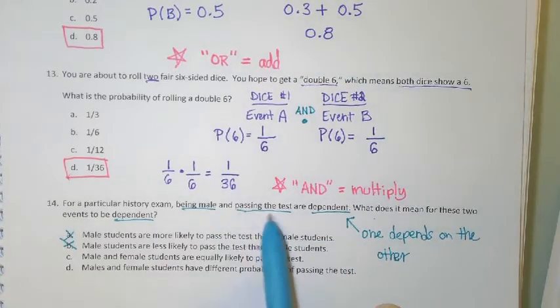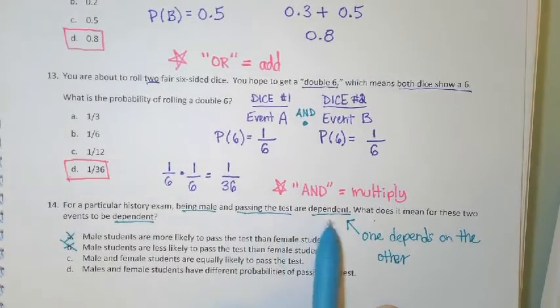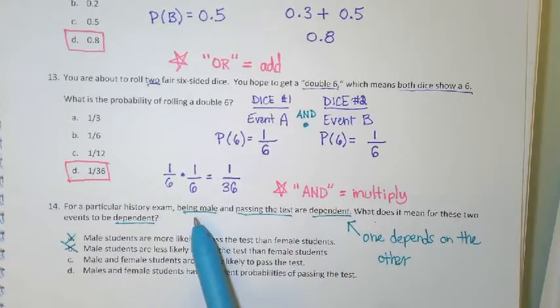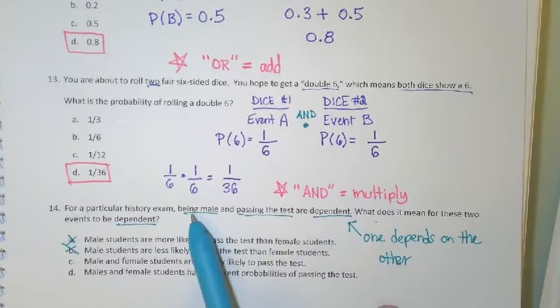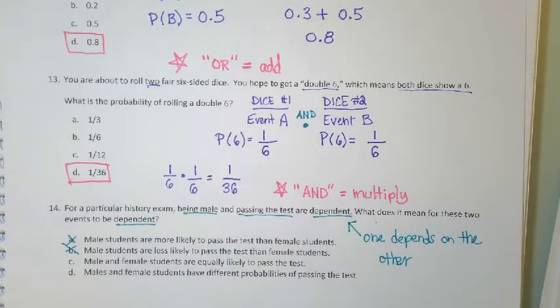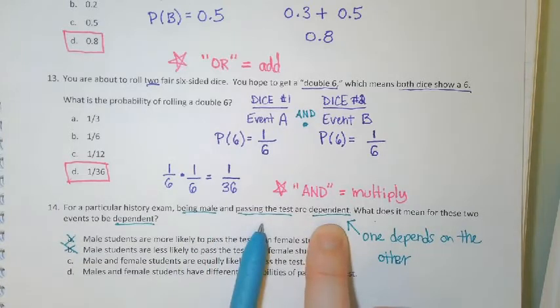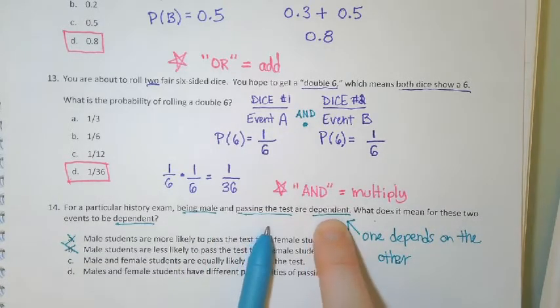So passing the test is dependent upon whether I'm male or female. That means how well a random male did on the test and how well a random female did on the test cannot be equal to each other. Otherwise, being male and passing the test would not be dependent.